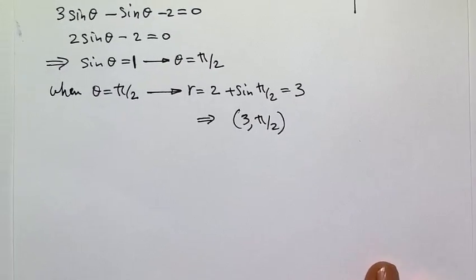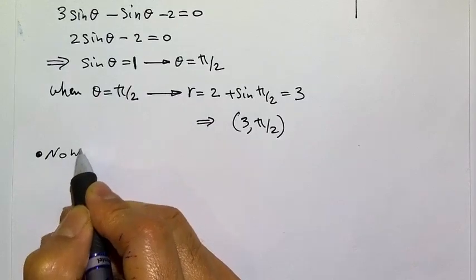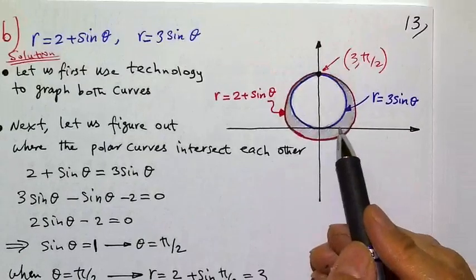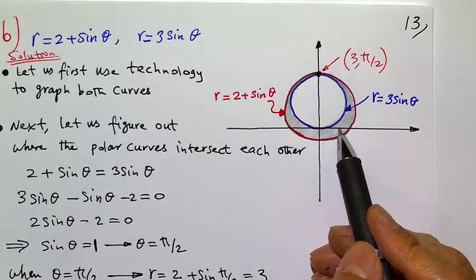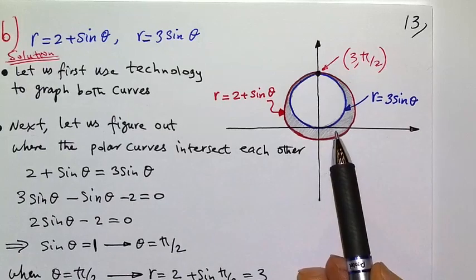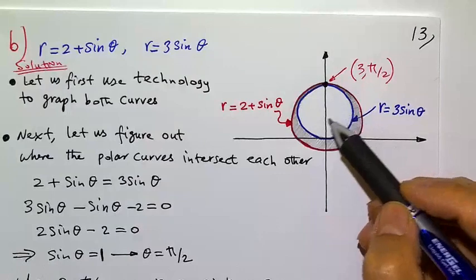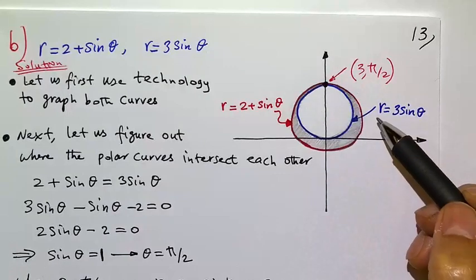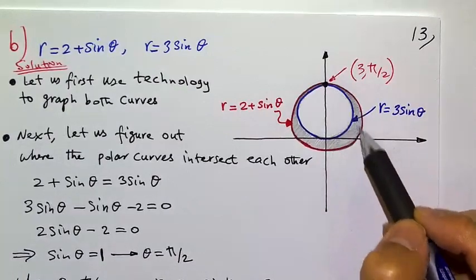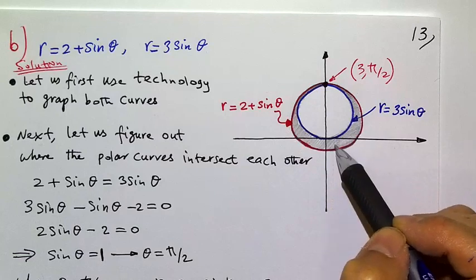Now, so we've done that. To find the shaded region, right? We don't really need to integrate for the circle. We do have to integrate for the curve that is outside because it has such an irregular shape.